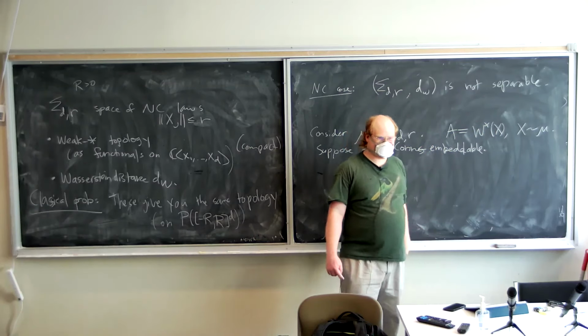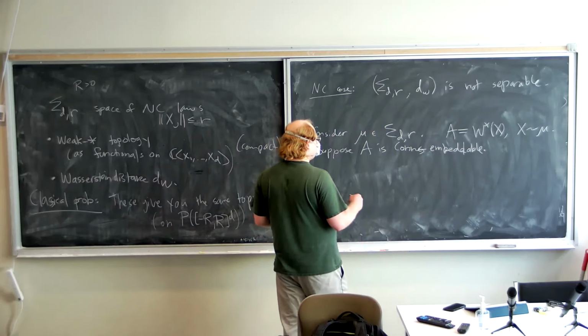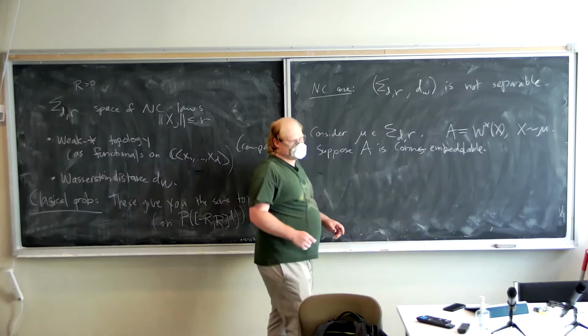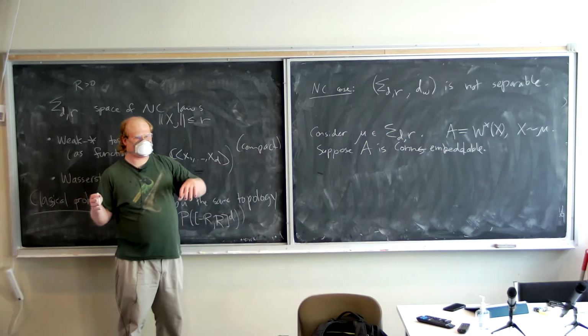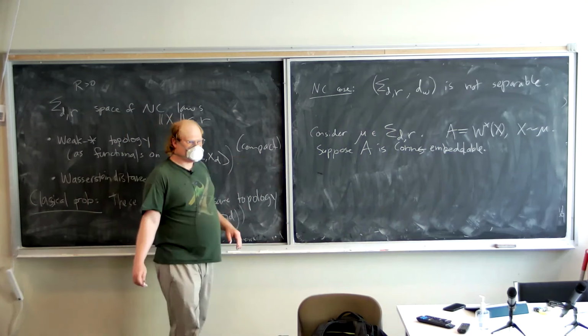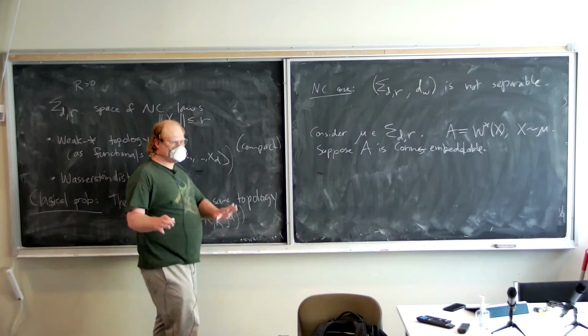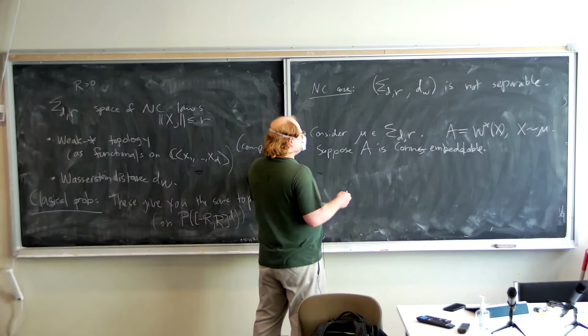Sure, we can do that. Okay, I'm fine with that. I thought R was a significant variable. Not really. If you want to consider all the R's at once, then you have to consider how these things should patch together globally. But you're just fixing an R. So yeah, you can take R equals 1. I don't care.